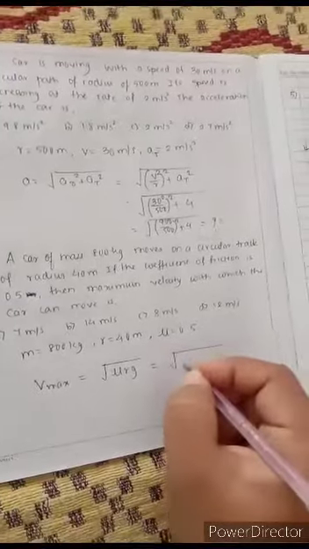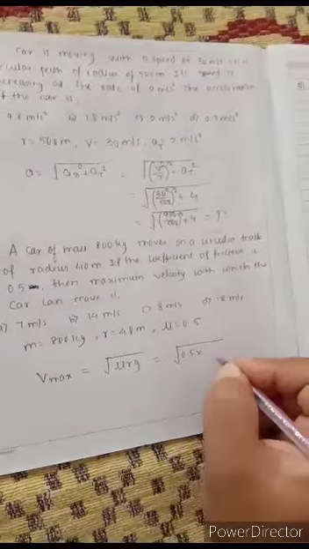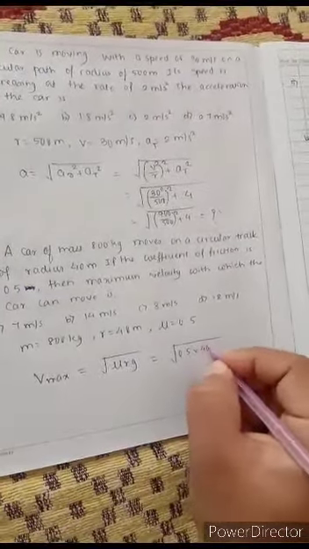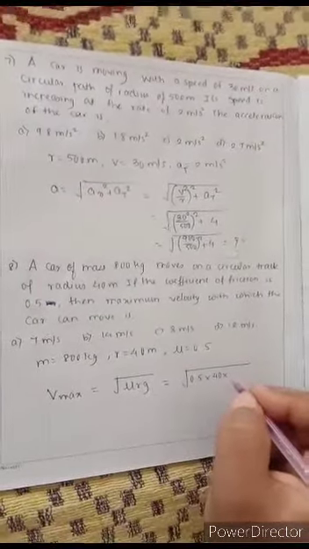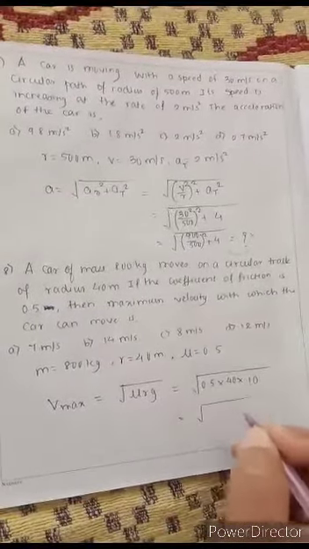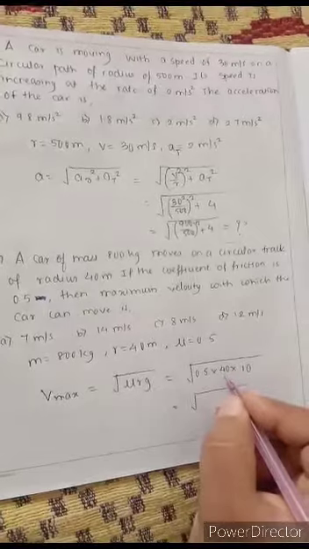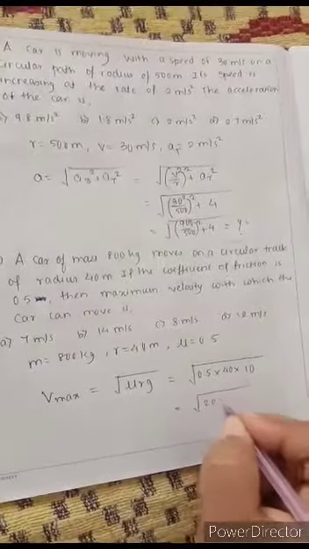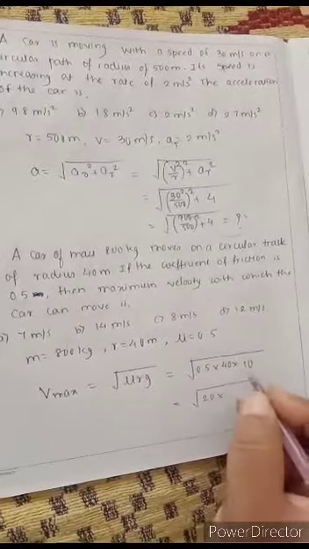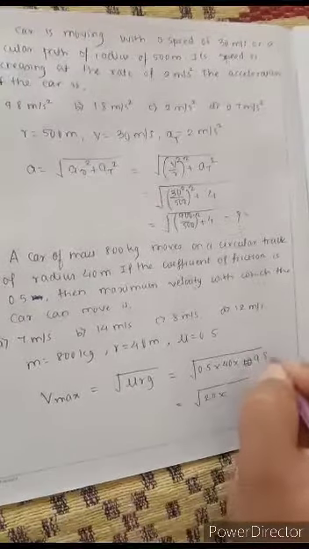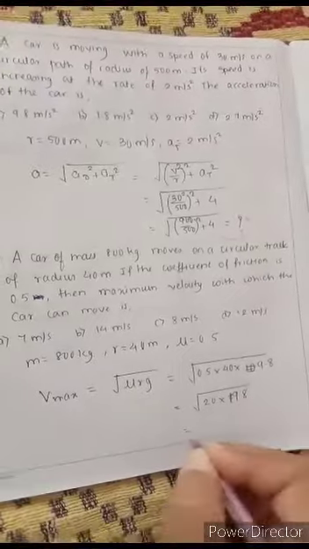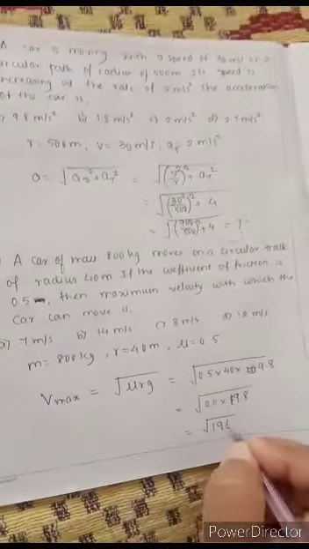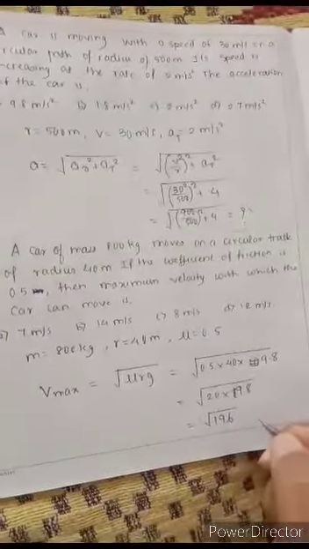So let us substitute the values. 0.5 into r is 40, and now let us take g to be 10 for our convenience. So this becomes 0.5 into 40, which is 20. Okay, and 20 into 10, or let us say 9.8 only. 20 into 9.8 here becomes under root 196.